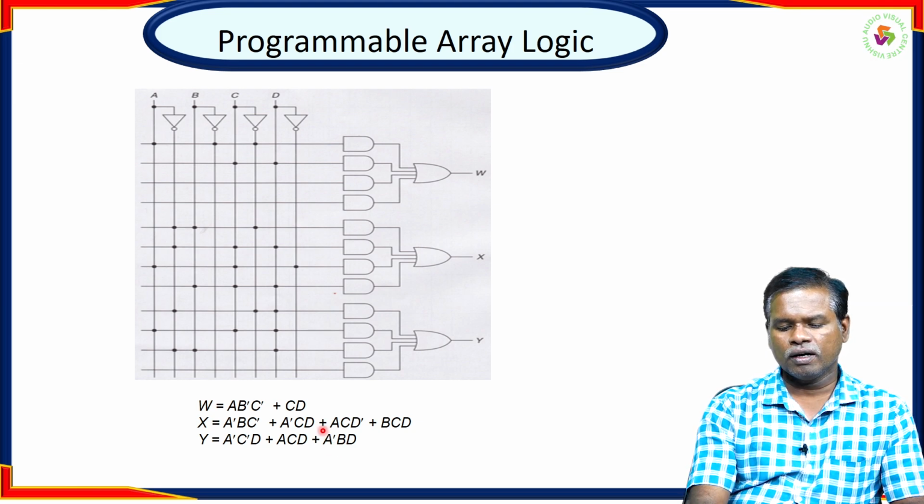So overall, out of three functions, the first one has two product terms, the second one has four product terms, whereas the third one has three product terms.